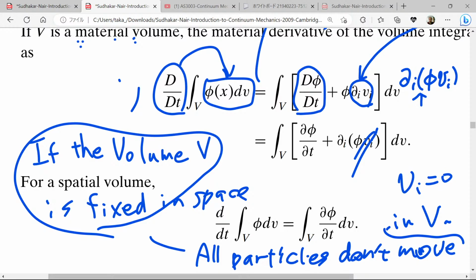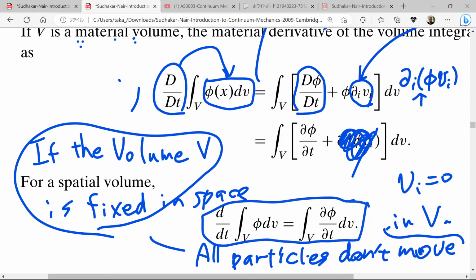Velocity of the particle is zero. So we don't have the second term, so you have this one.